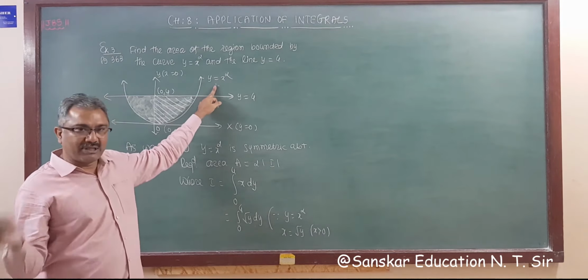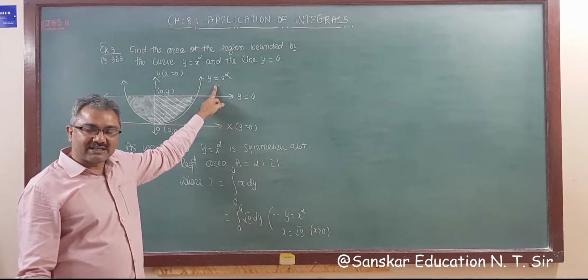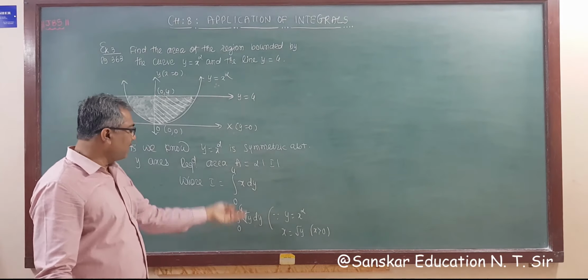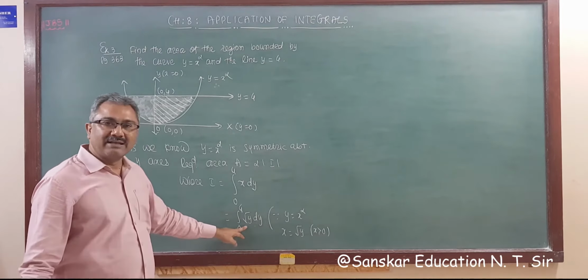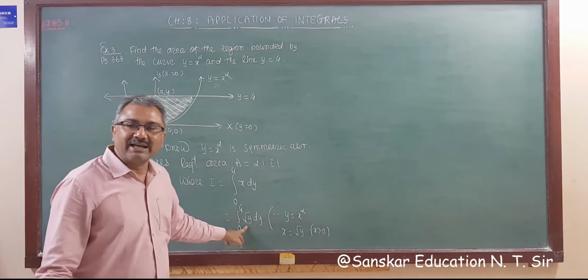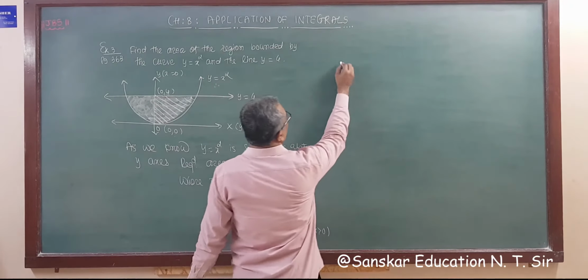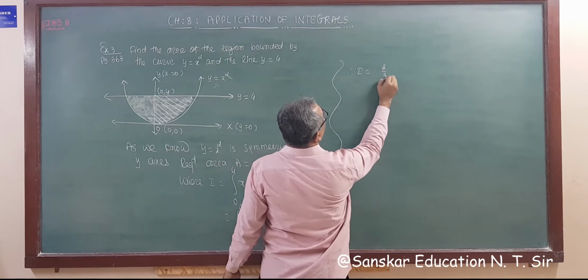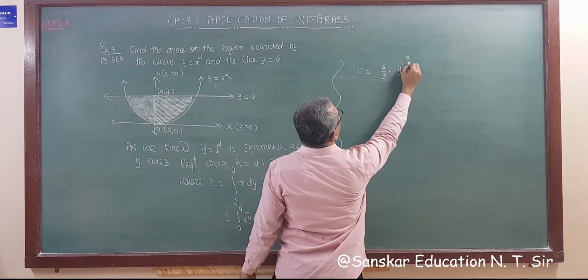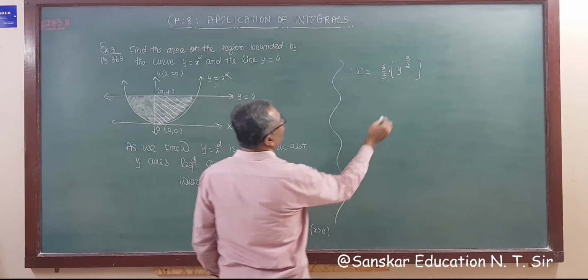Got it? You now know we have to make x the subject and take x dy, as we discussed in the first lecture. Now this integration is very easy for you. You know the integration of root x is 2/3 x raised to 3/2, and here it is y, so I is equal to 2/3 y raised to 3/2, with limit from 0 to 4.